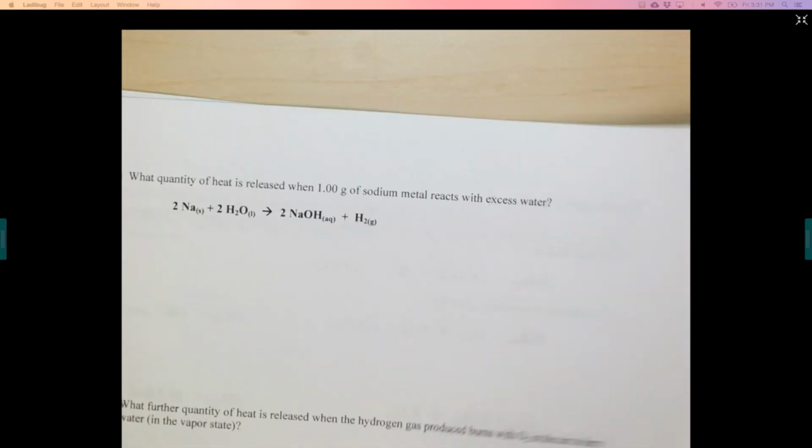So that takes care of all of the work as it pertains to percent composition and empirical formula on our particular worksheet.